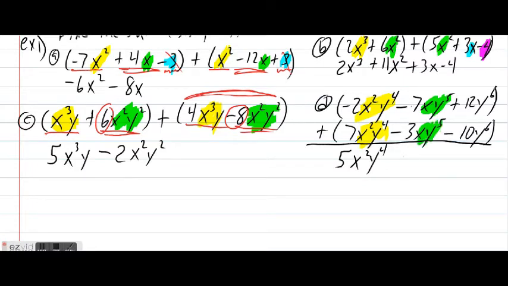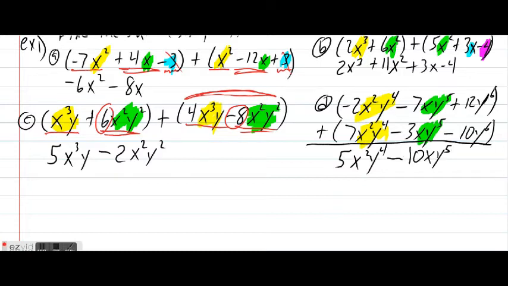Add straight down: negative 7, negative 3. Keep in mind, if I spend $7 and I spend $3 more, I've spent $10. So negative 10x y to the fifth, again not changing the exponent at all.